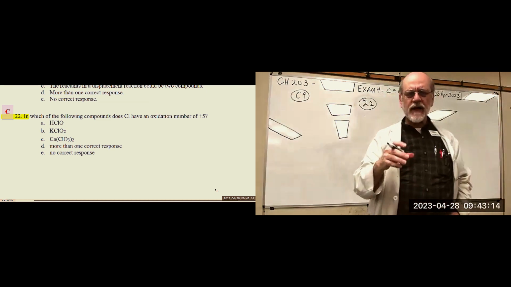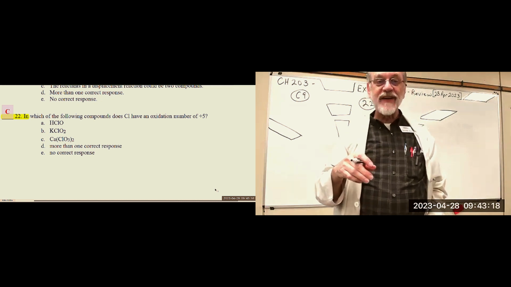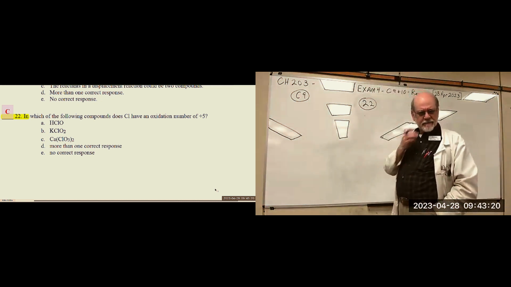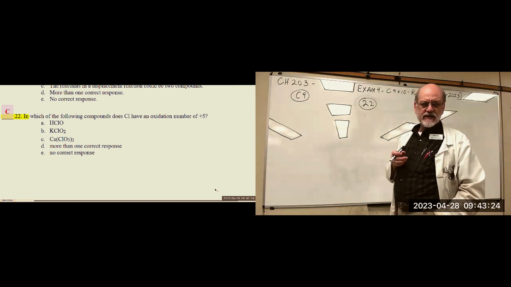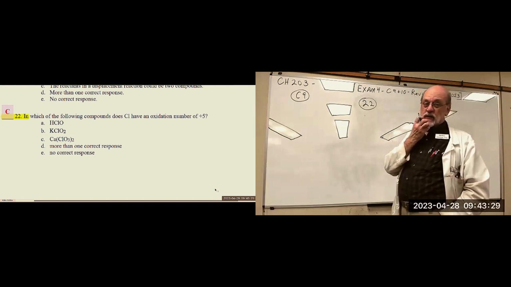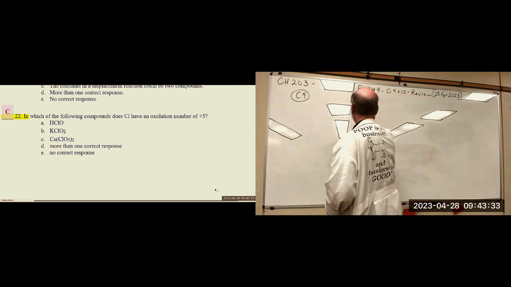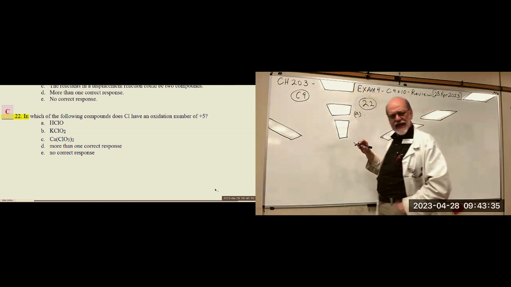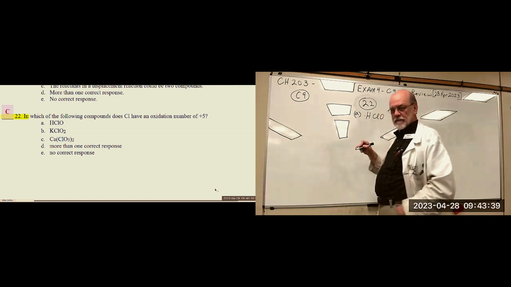Okay. In which of the following compounds does chlorine have an oxidation number of +5? So let's see. We got 3 actual answers and then 2 combination answers, more than one correct response or no correct response. So what that means is we got to do all 3 of them. So let's see. A is HClO.